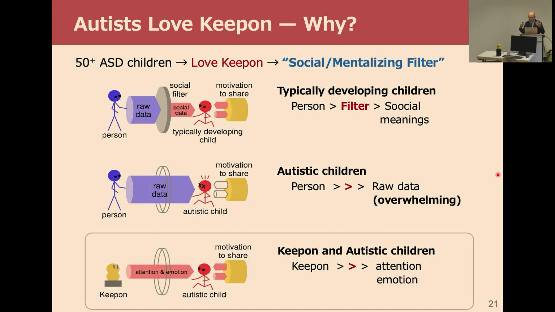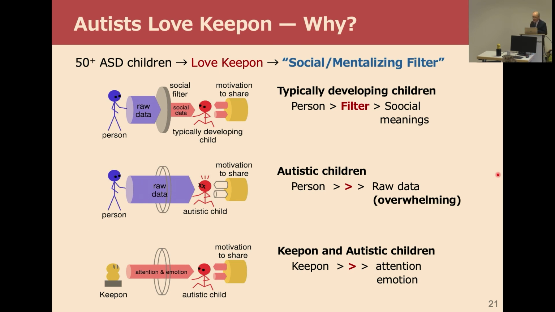Therefore, the autistic child somehow successfully grasps and takes out the socially meaningful information from the Keepon's simple appearance and restricted motions. So that's our hypothesis, and we are currently working on a biologically and computationally plausible model of this social filter.